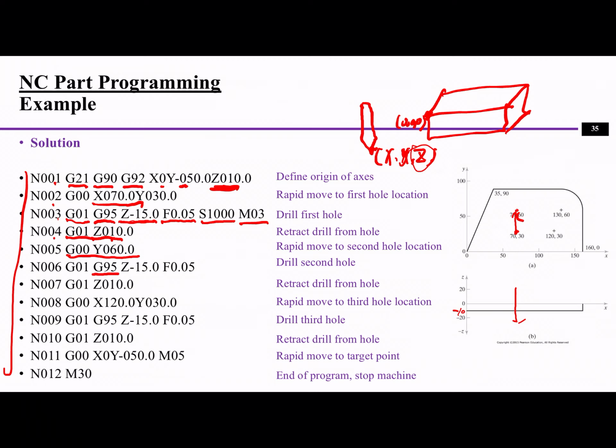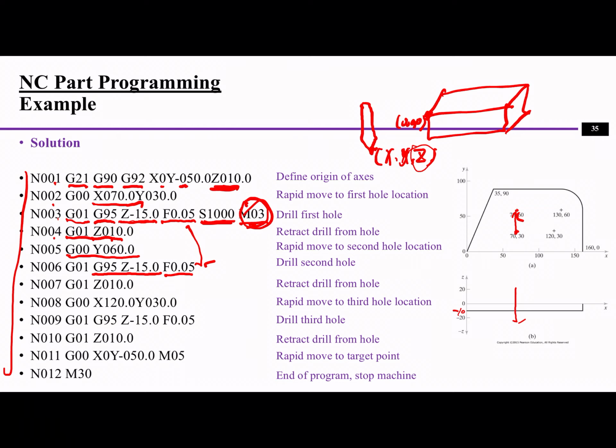We're going to specify the Z and also the F. Why don't we specify M03 again? Because during all these movements, the spindle is always spinning. That's why we do not tell it again. Same with the spindle speed.